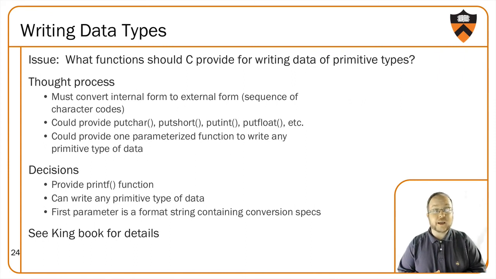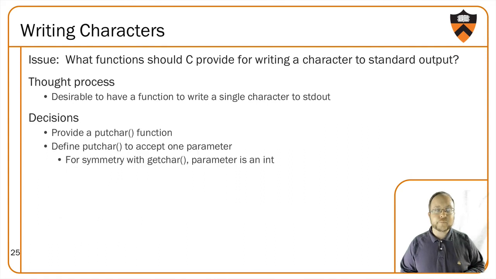For writing, essentially the same thing that we've said about standard input can be said for standard output. The options are to provide 1 function per type or to provide a printing function that takes a specification for how the function should print its argument. The C standard library opted for the latter using printf, which again has this format string that is the same as in scanf.